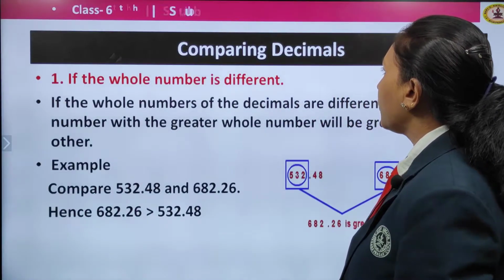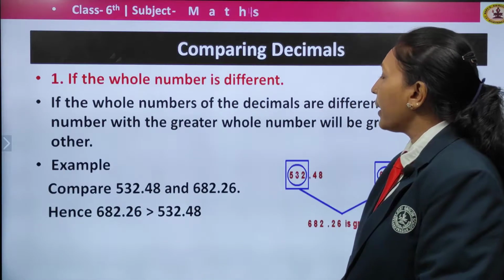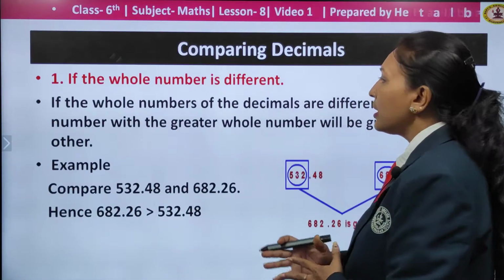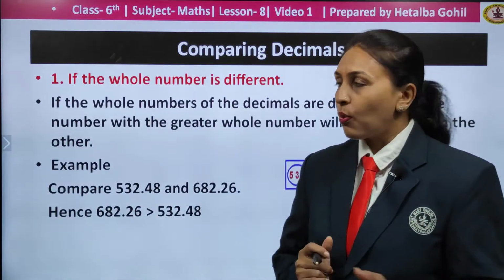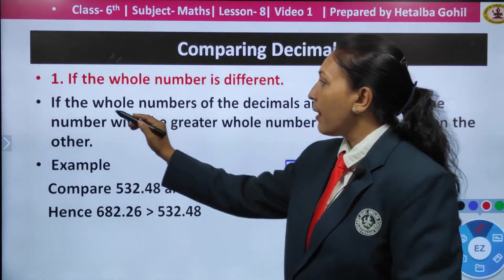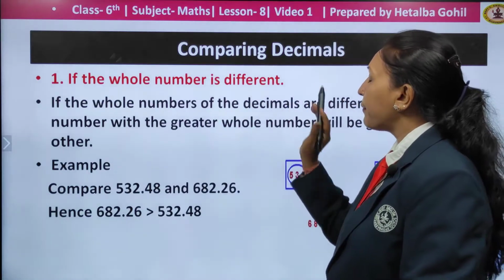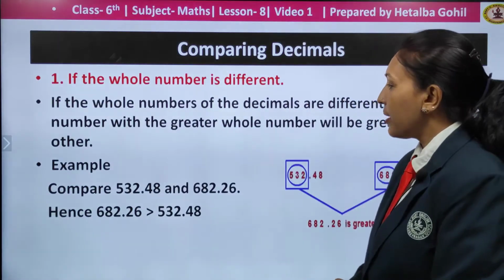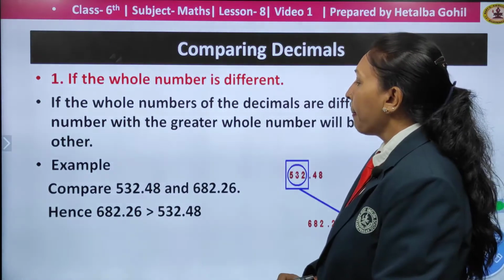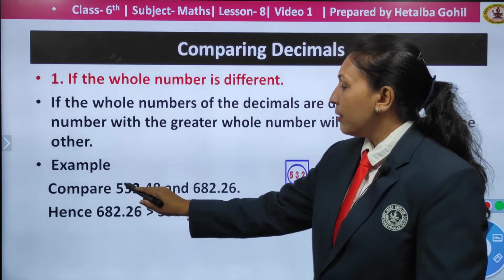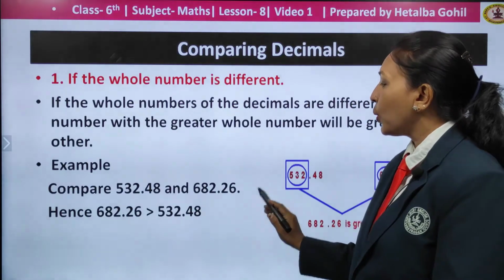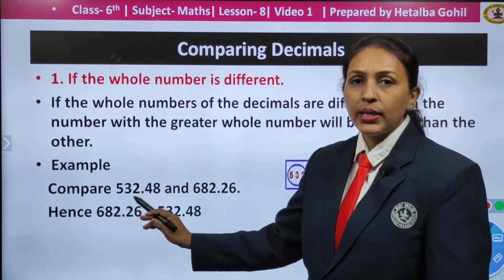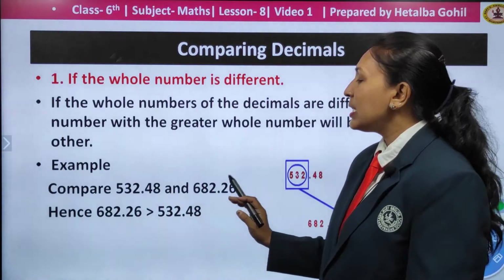Now the next topic to learn here is comparing decimals. Now children, how to compare decimals, that means which is greater and which is smaller. Now first thing, if the whole number is different, let us understand with the help of an example. For example, compare 532.48 and 682.26. Now among the two decimal numbers here, which is greater?